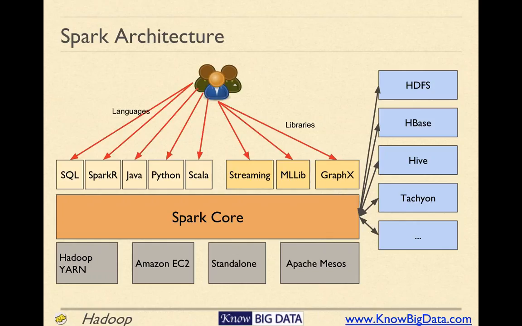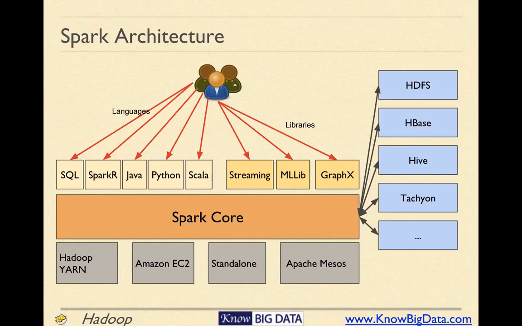Spark makes it possible to run in something called standalone mode, meaning it comes with its own internal cluster manager. All you have to do is install Spark on all the machines, start Spark, and then it will start functioning along with the other machines as long as all machines know about each other. So basically Spark comes with its own standalone mode as well.